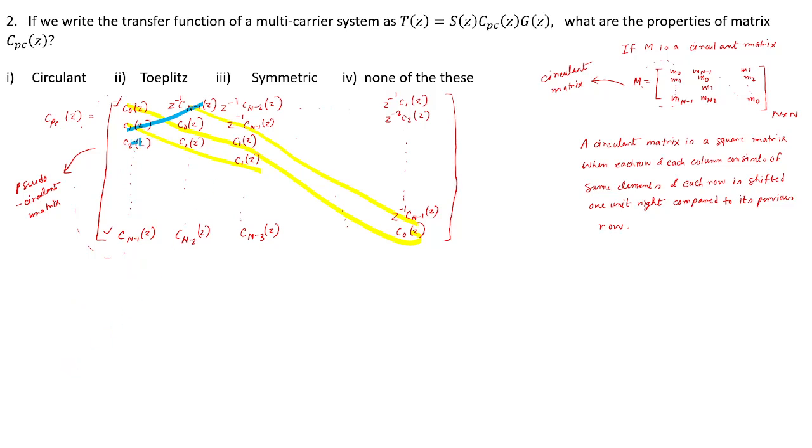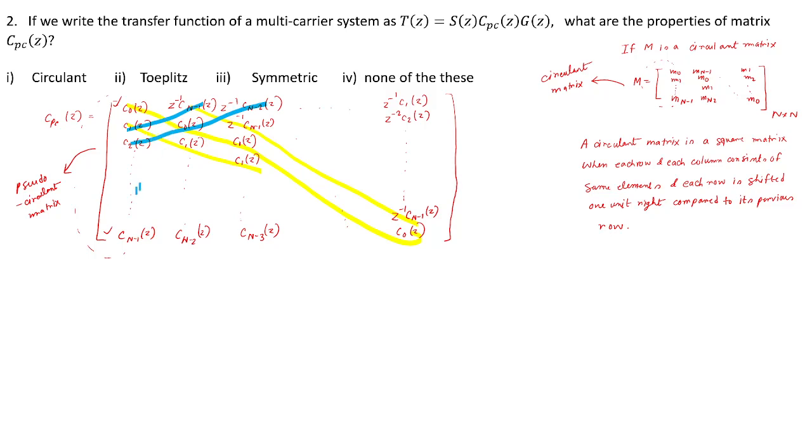You see across this diagonal, are those elements the same? Here it is C1 of Z, here Z inverse Cn minus 1 Z, not the same. Similarly this also: C2Z, C naught of Z, Z inverse Cn minus 2Z.